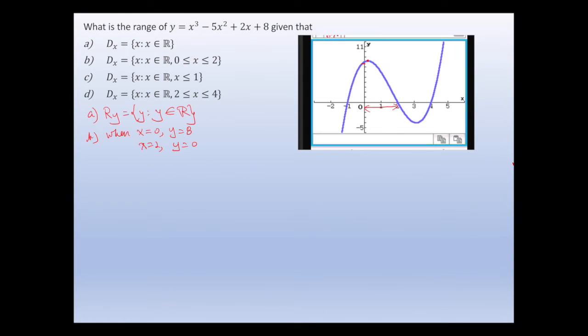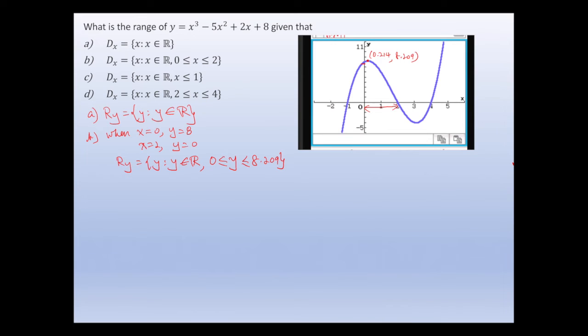Now, we know that when we use the classpad, there is a maximum turning point and the value is (0.214, 8.209). And in fact, 8.209 is larger than 8. Therefore, this time, the range of y is such that y is an element of the real numbers and y is greater than or equal to 0 and less than or equal to 8.209.